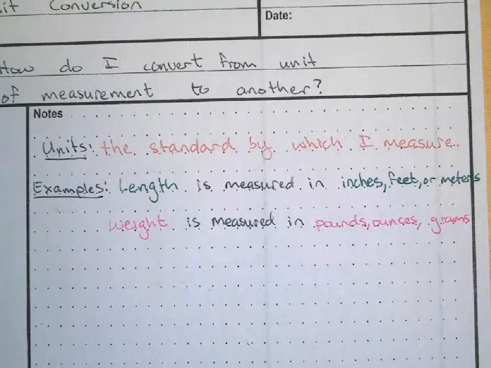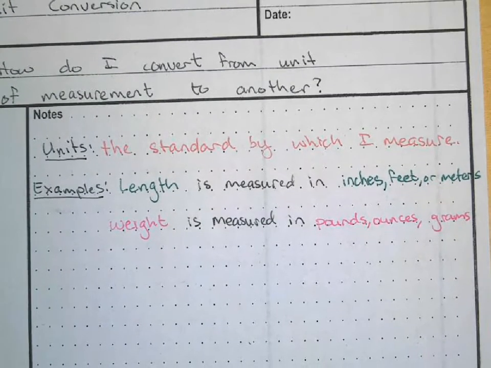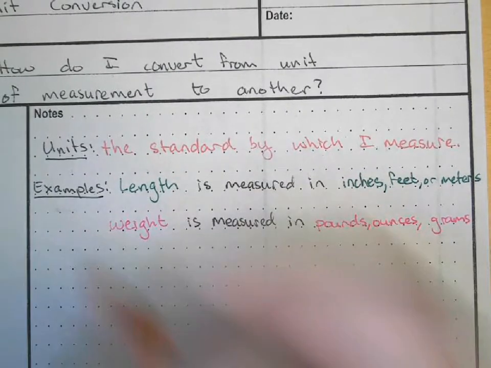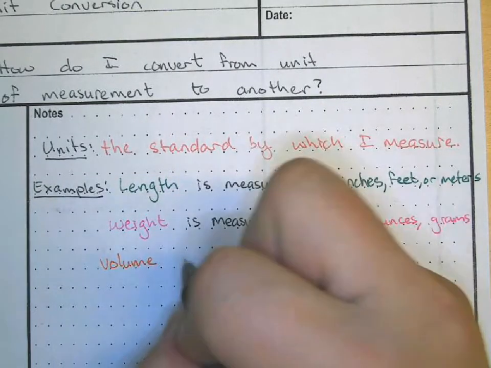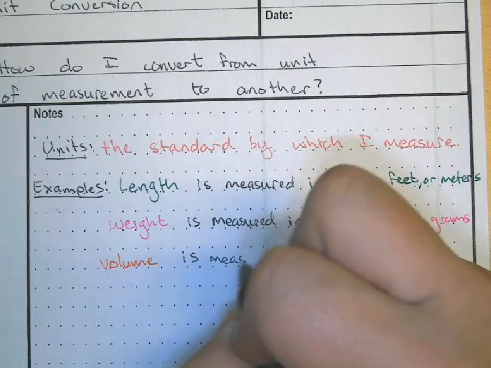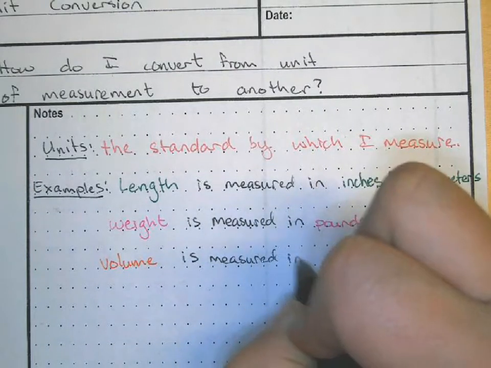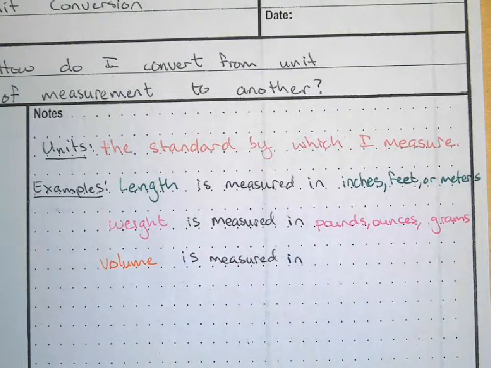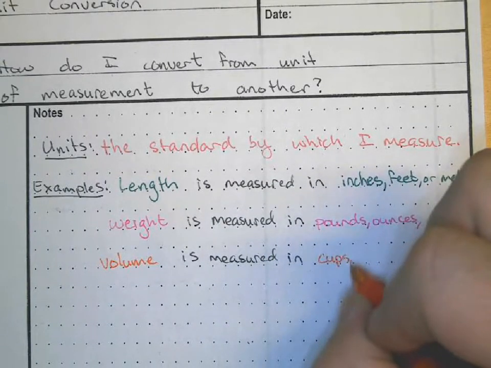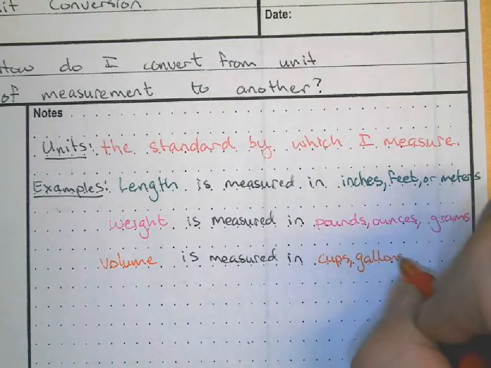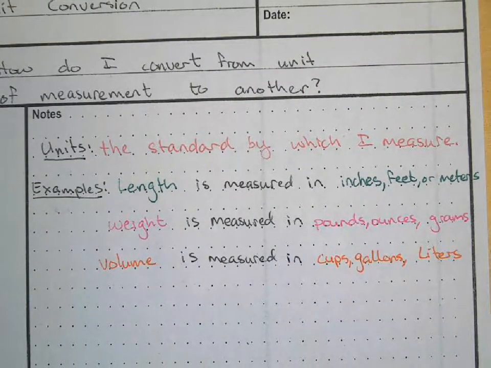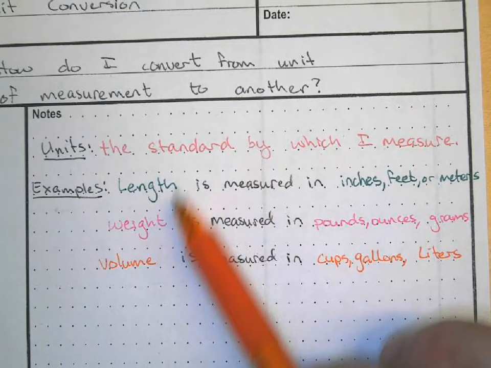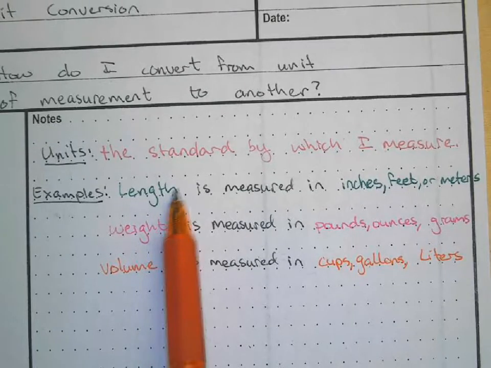Maybe we're talking about volume, where volume is measured in cups, gallons, liters. So there's some examples of different ideas, length, weight, and volume, and the unit in which we measure them.